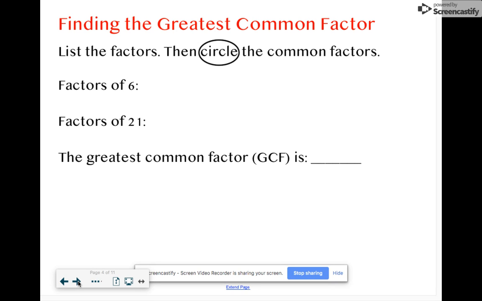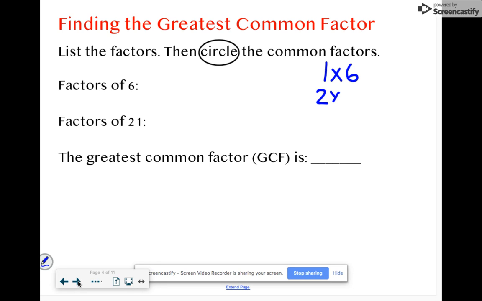The first way that I could find the greatest common factor is, if I'm really good at my math facts, I can use the divisibility rules to find all the factors. I know that 6 is an even number. So besides 1 times 6, I know that 2 can go into it.